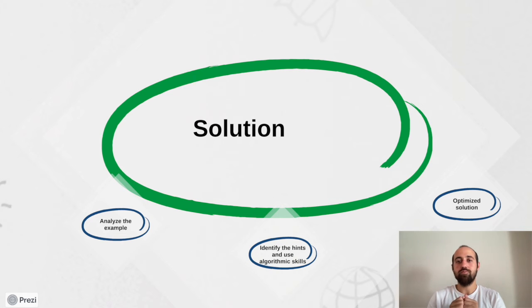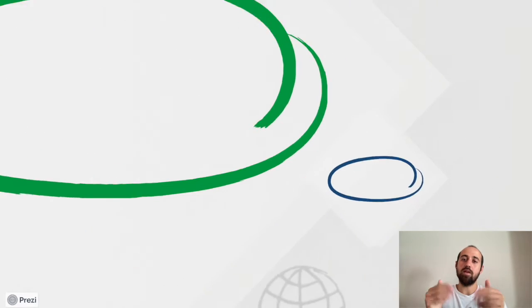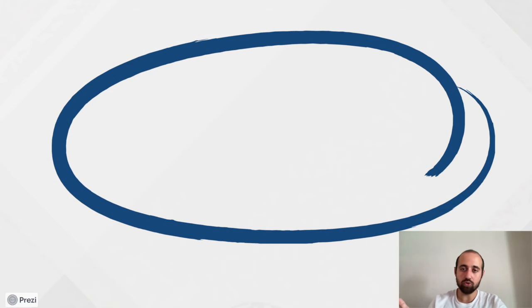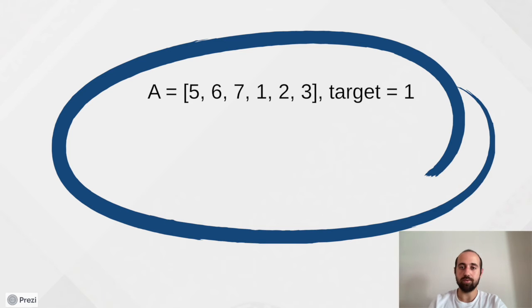Let's try to find the correct implementation for that type of question. How can we find this pivot? As usual, there is no magic. We have to come back to our example. We can see that we have the values 5, 6, 7, 1, 2, and 3.